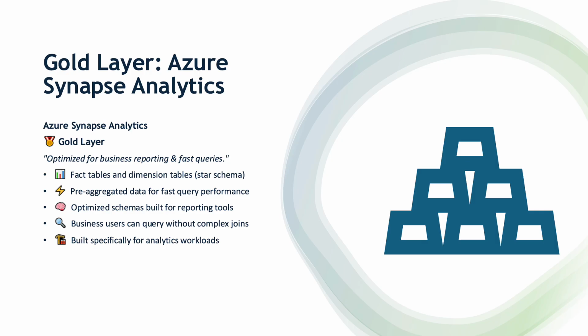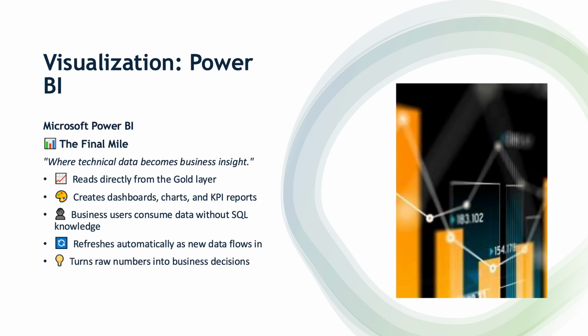Often this is served using Azure Synapse or a dedicated SQL layer. This layer is built specifically for reporting and fast queries. And finally, business users connect through Power BI. Power BI reads the gold layer and creates dashboards, KPIs, reports, and visualizations. At this stage, technical data becomes business insight.